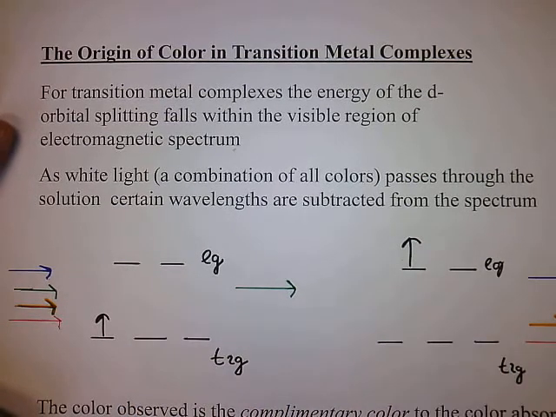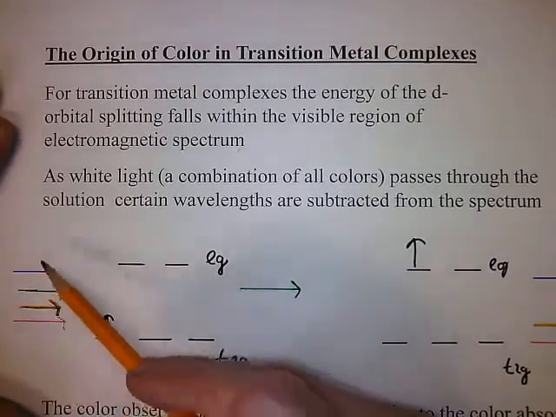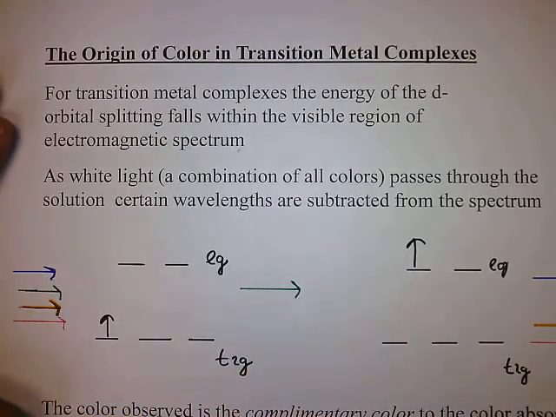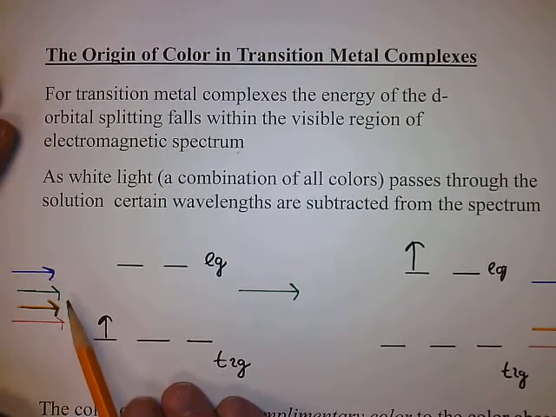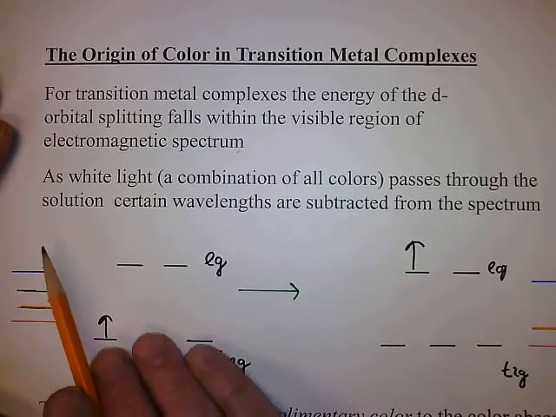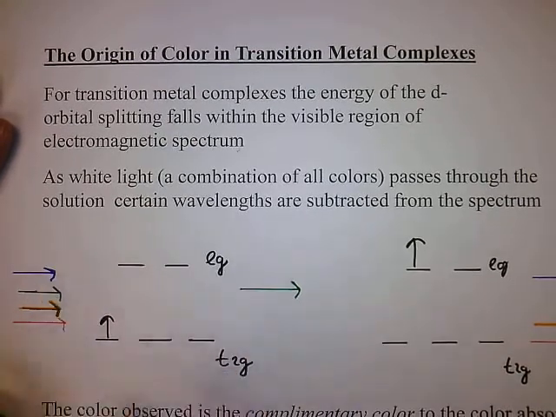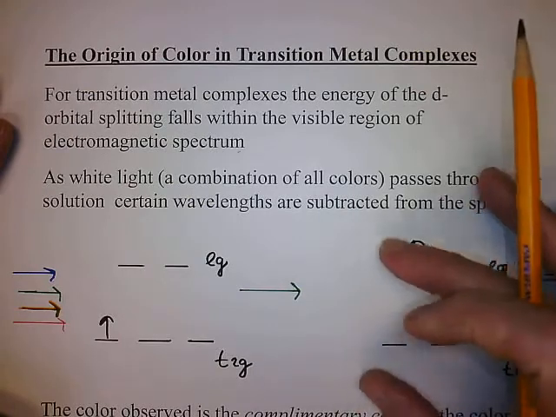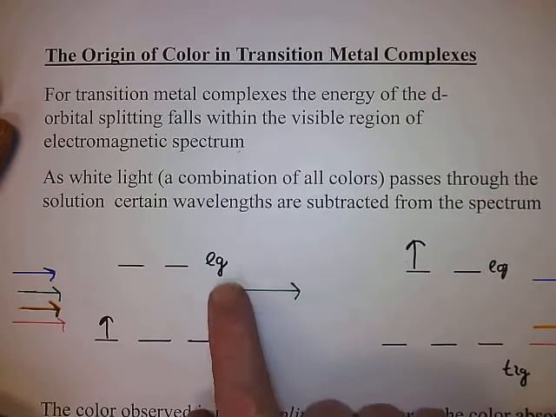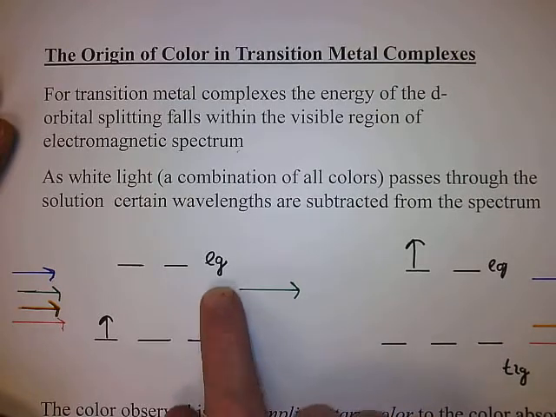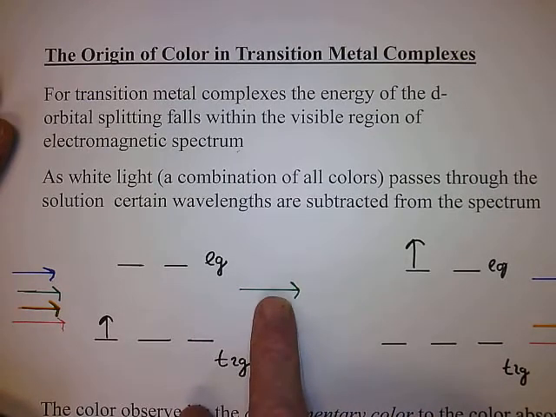All right, so you have this white light coming in. You remember white light is a combination of all colors. It has a red component, a yellow or orange component, a green component, a blue component, a violet component, even though I didn't show it. So let's say that this field splitting corresponds to green light.